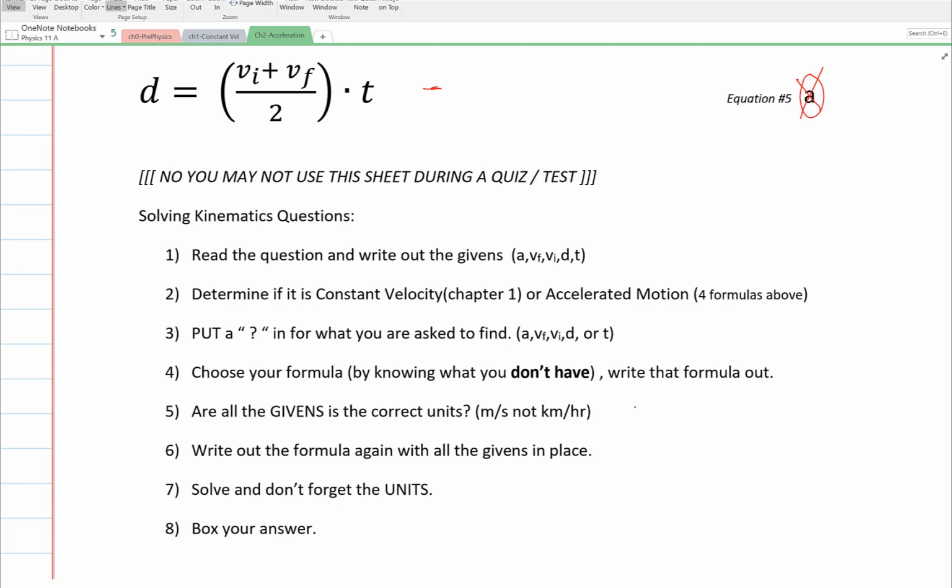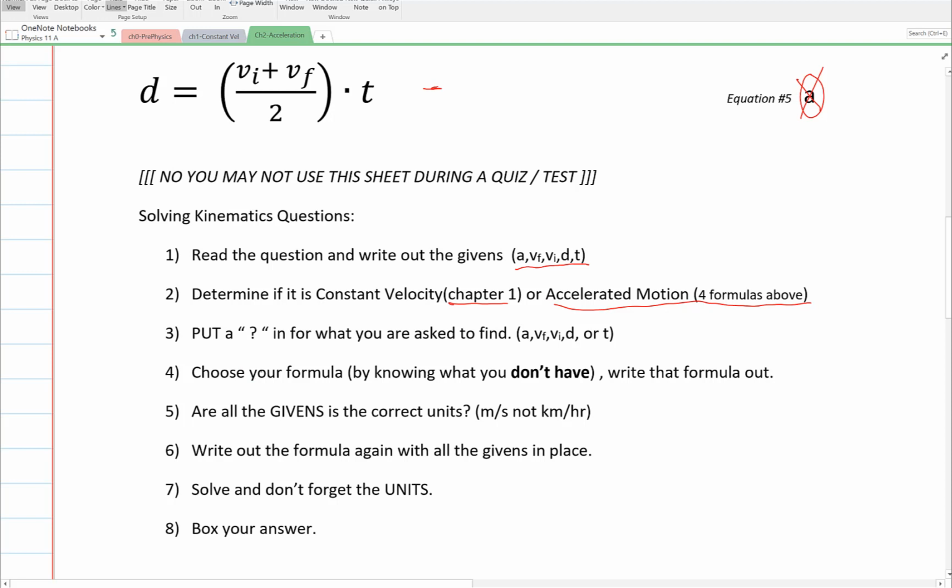So here are the steps. Read the question and write out the givens. We've been doing that. Determine if it's a constant velocity, which it isn't so far because we're all in acceleration, which is chapter 1. That's pretty easy. Put a question mark in for what you're asked to find.